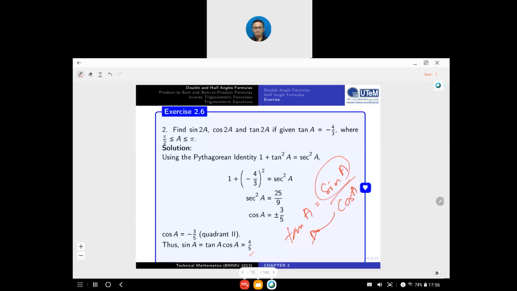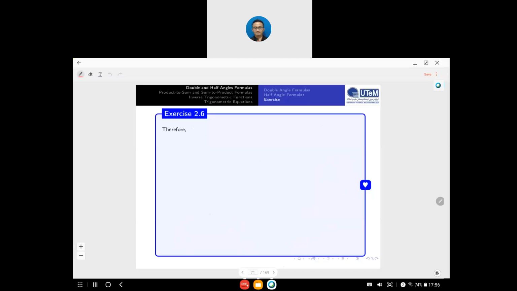Okay, sin is positive because second quadrant.